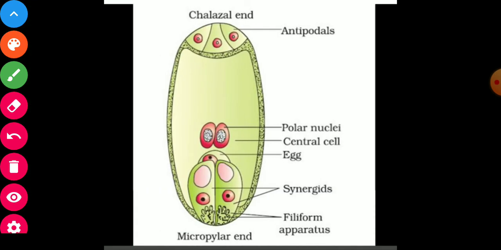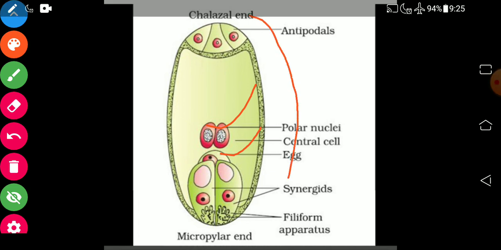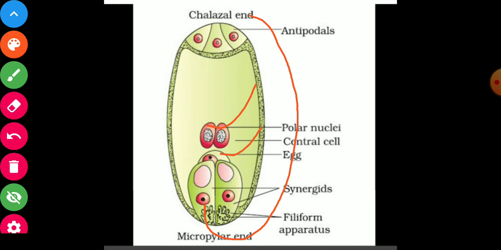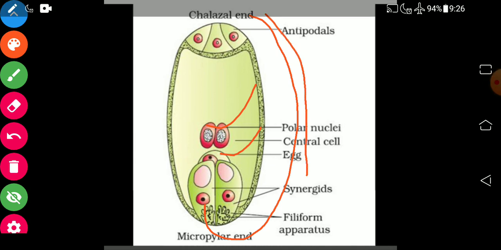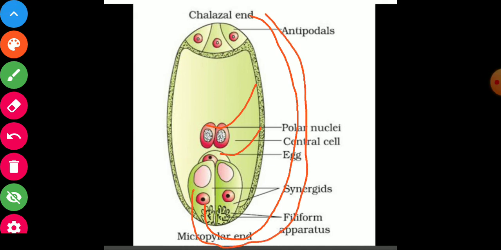See here, now you can understand these polar nuclei, and here this is the egg cell. Whenever the pollen tube enters through here, it contains 2 male nuclei.